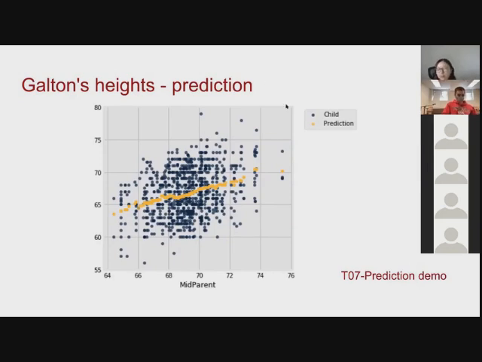But if we come back to the term regression itself, I want to draw your attention to not only this dot, because this dot in particular is above the predicted value. When you look at other dots below the yellow curve, you will see records where the observed value is below the predicted.